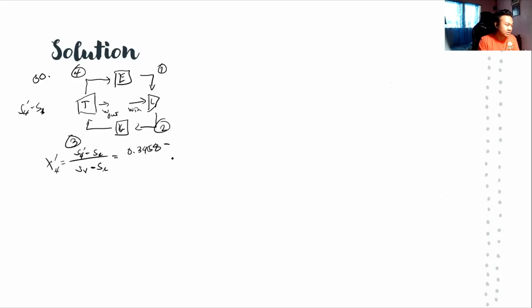We have 0.0678 here, and 0.9395 minus 0.0678. You can get 0.3189.